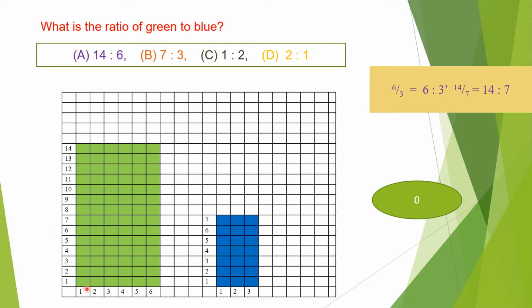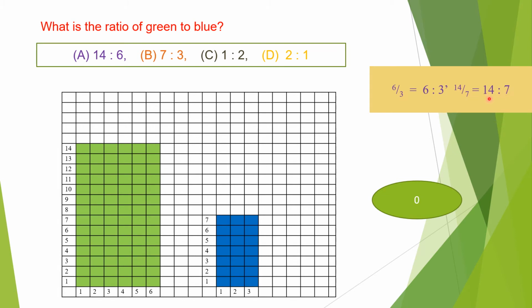6 on the green side, 3 on the blue side. And this is written in this way because the green was first, so you represent the green first. The blue was second, so the blue was represented second. It could also be written as 14 over 7 or 14 to 7.